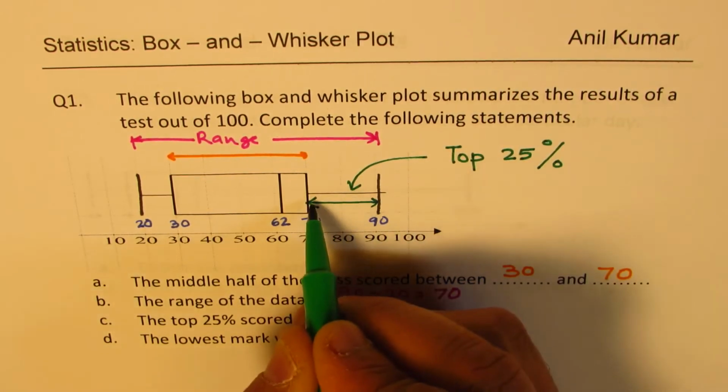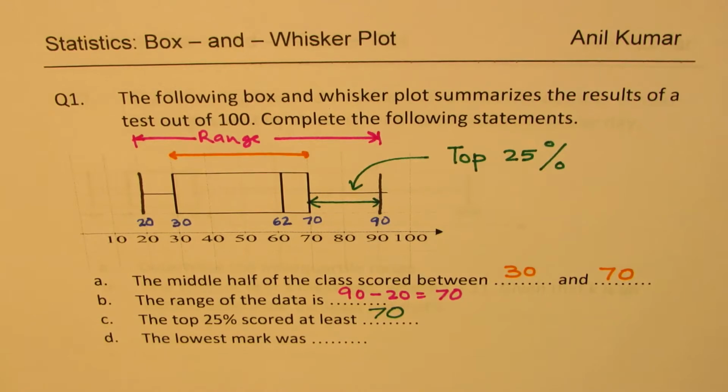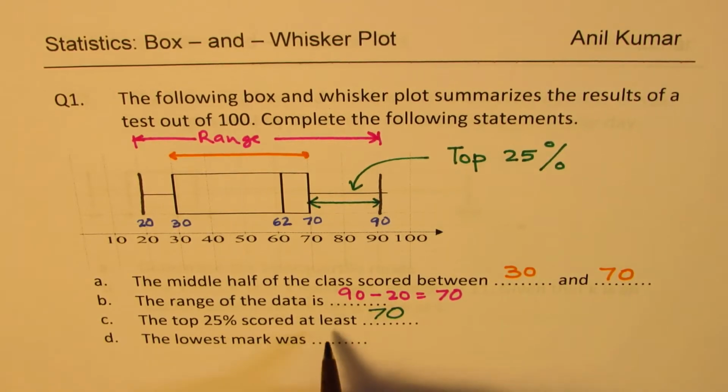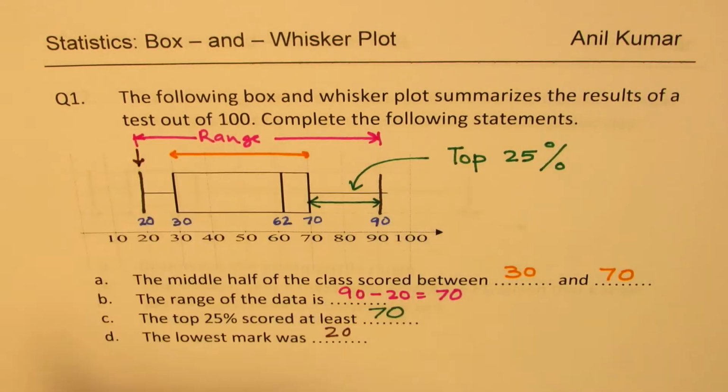So least means on the left side, correct? The last question here is, the lowest mark was, so that was 20, so this is the lowest mark, correct?